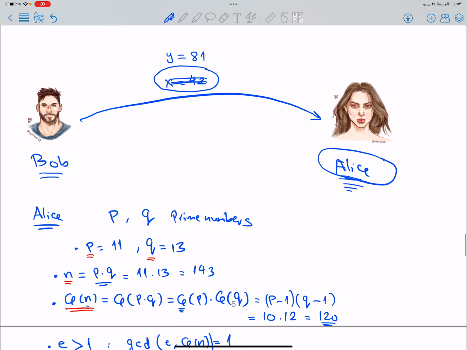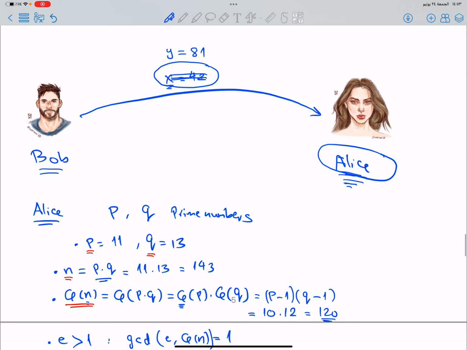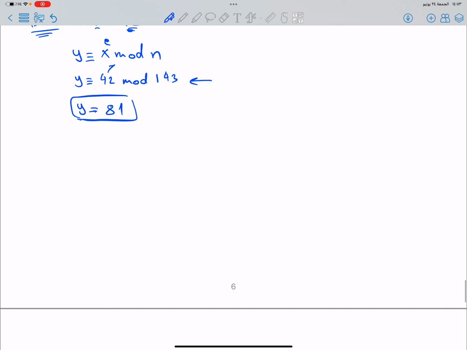Alice should decrypt this message to get X, the original message. How can Alice do this? Alice can do this with this equation: X is Y to the power S, the secret, modulo N.